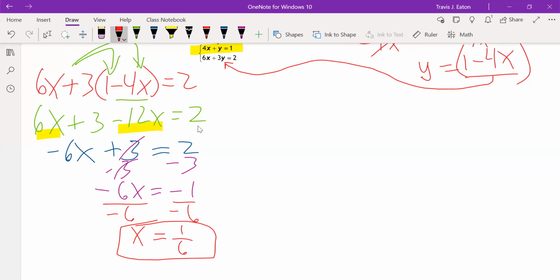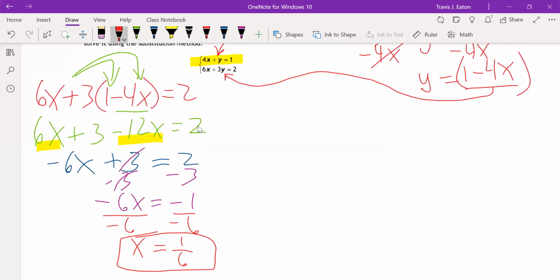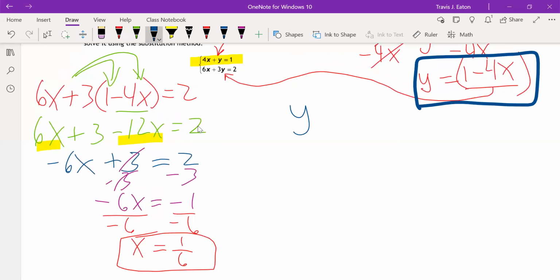Now all you have to do is go back to the equation that we built up here, right? This one here. And we can substitute the value of x for x. So this becomes y equals 1 minus 1/6. Whoops, hold on a second. My bad. Wrote it wrong.